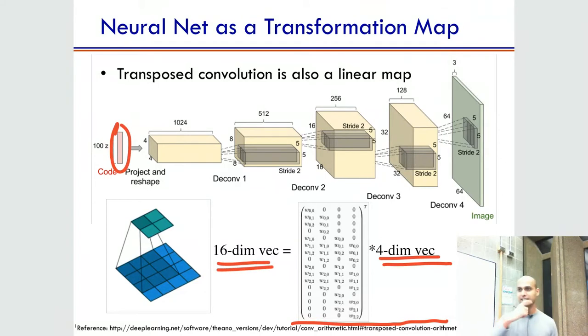All I need is 4 columns and 16 rows. I just have to specify what the numbers in that matrix are. If I had this matrix, then I can go from a 4-dimensional vector to a 16-dimensional vector. So it's a linear operation.